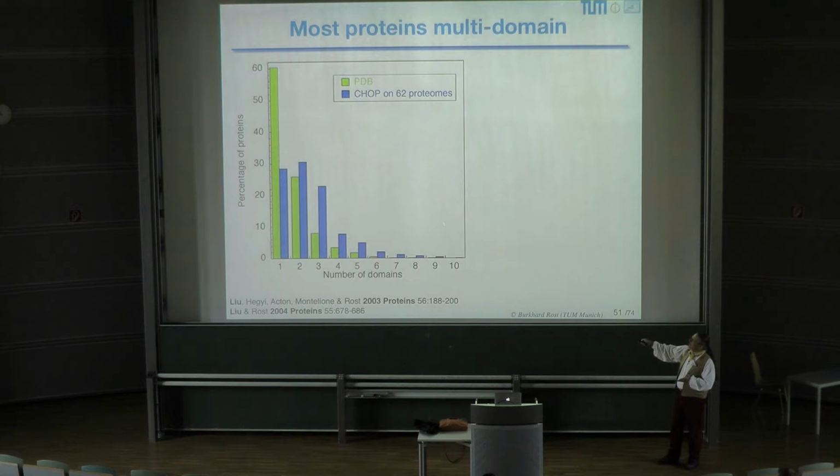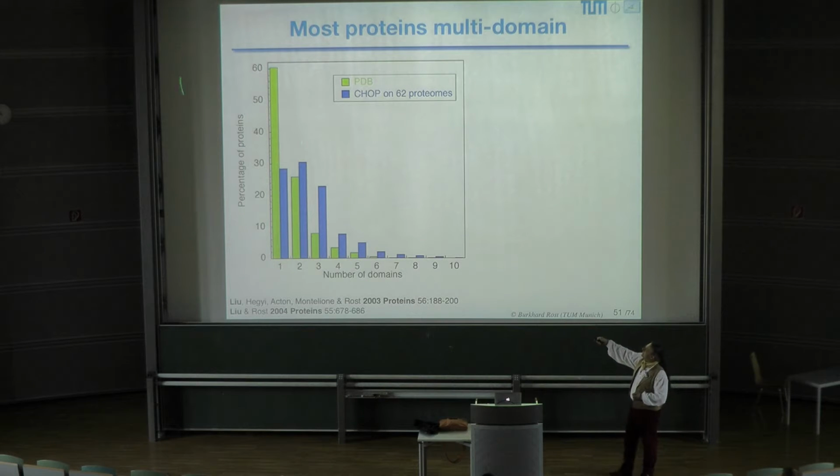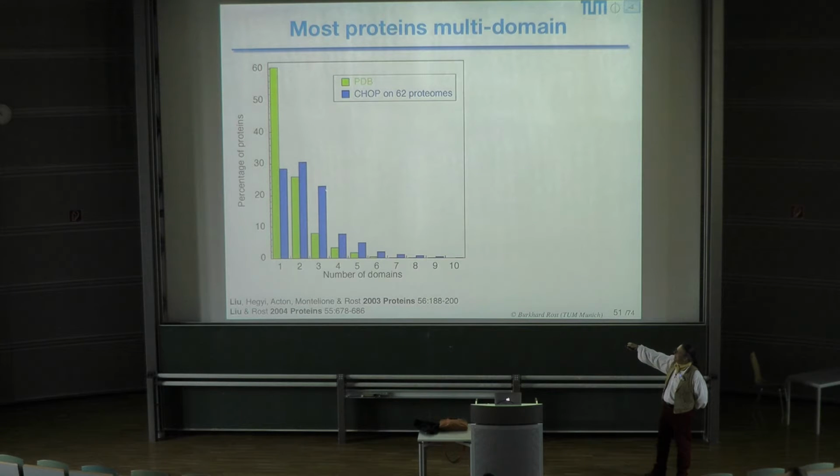You see that in the blue. In fact, the statement no longer is true. So somebody said true, that's the person who talked about the green. Somebody said wrong, that's the person who talked about the blue. And looking at the blue, you see that 70%, so 100 minus 30 something, or 29, 70% are multi-domain proteins. In fact, there are almost as many proteins with 3 domains as there are with 1.